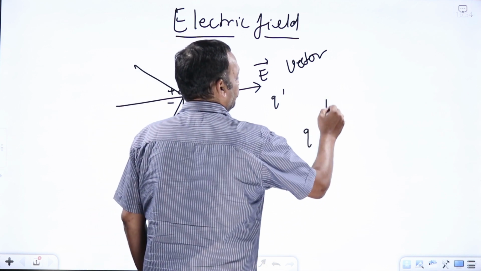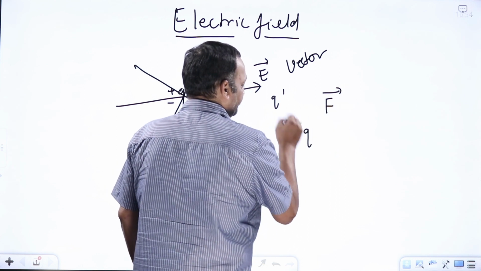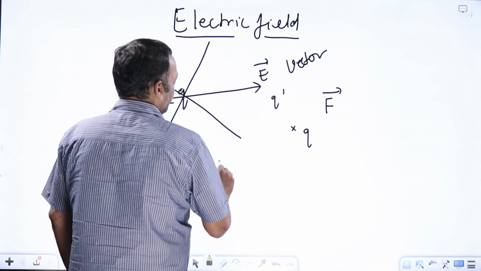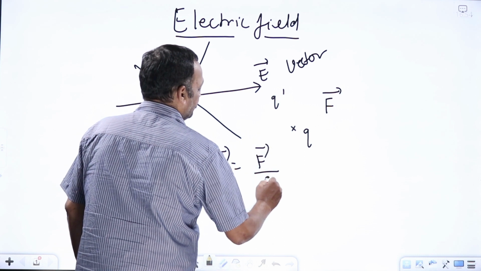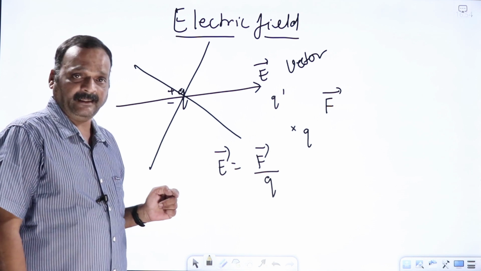If F bar is the force acting on that charge, the intensity of the electric field at that point where I am placing that Q charge is defined as E bar equal to F bar by Q. That is, force per unit charge is known as the intensity of electric field or simply electric field.